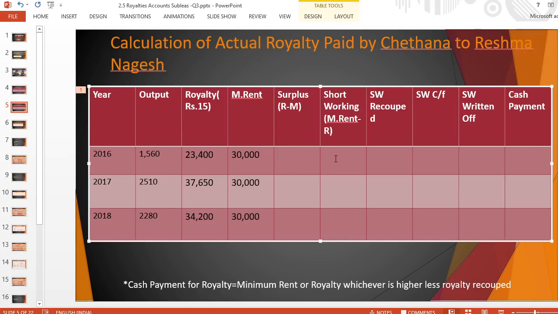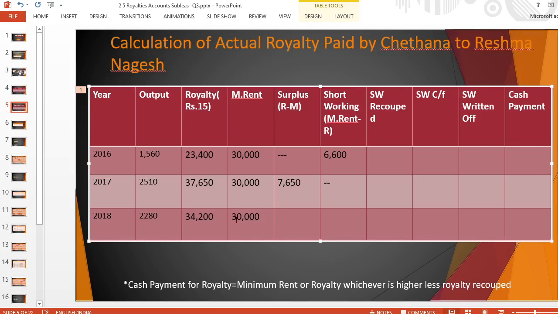And I need to write surplus or short working. For the first year, minimum rent is higher, so surplus is nil, and the difference represents short working, 6,600 rupees. And for the second year, royalty is higher than the minimum rent, so the difference, 7,650 rupees, represents surplus.